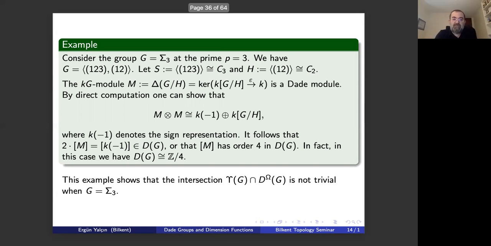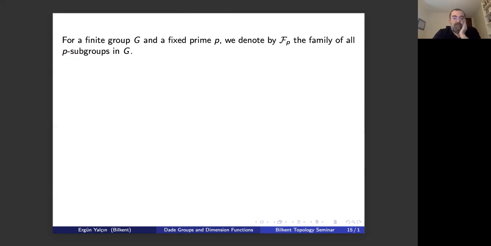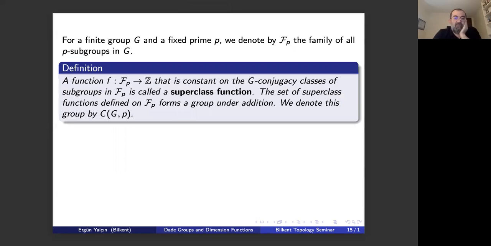But I will go to the next one maybe. So to understand the omega, there is a kind of clever thing to do. The clever thing is to use the class functions, which we call superclass functions. These are defined on subgroups, not on the elements of the group. So you take the p subgroups of the group G, all p subgroups.